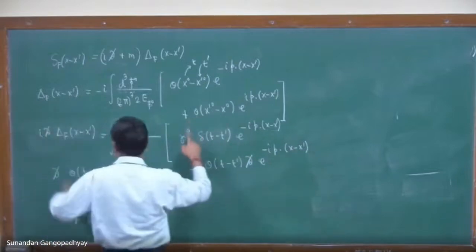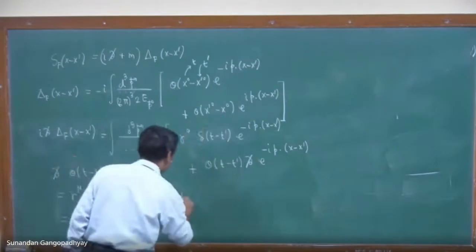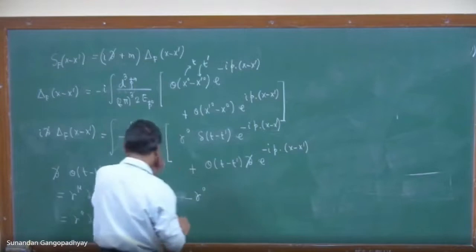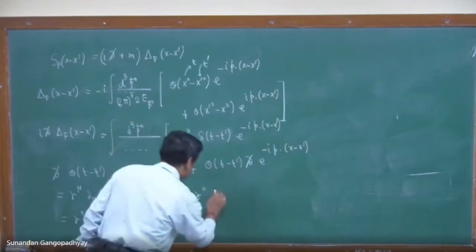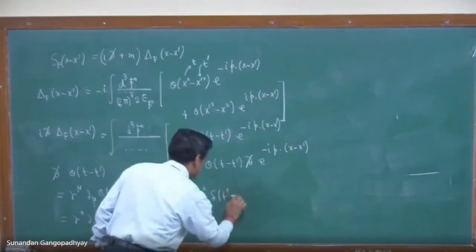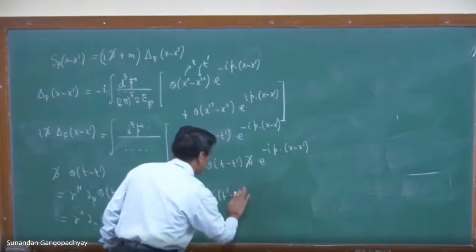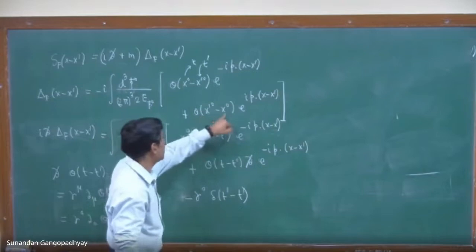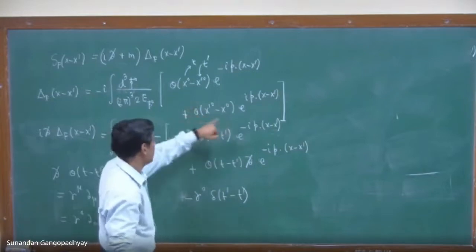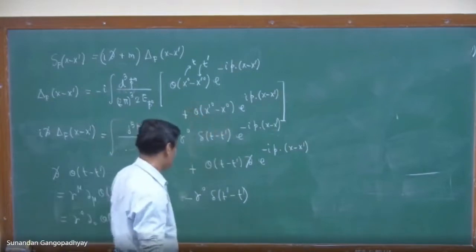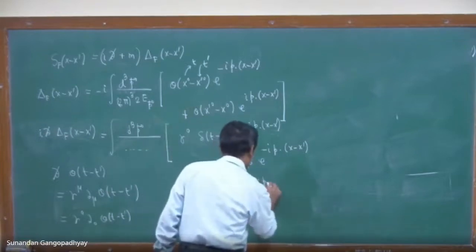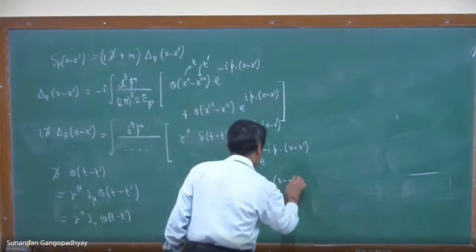Thus, when del slash acts on the next term, it is similar to the first case. We will get minus gamma 0 delta of t prime minus t, because now there is theta of t prime minus t. So when del t acts on that, we get a minus of the Dirac delta function. That gives us e to the power of i p dot x minus x prime.